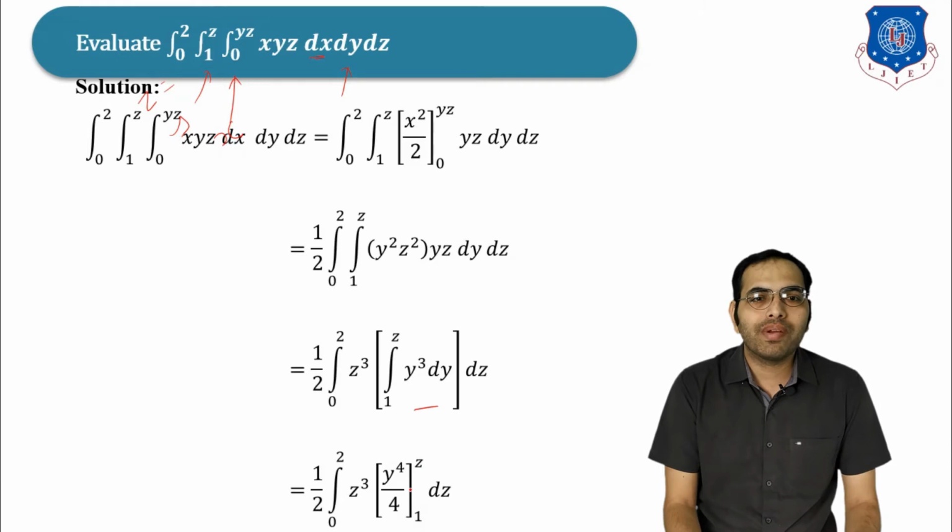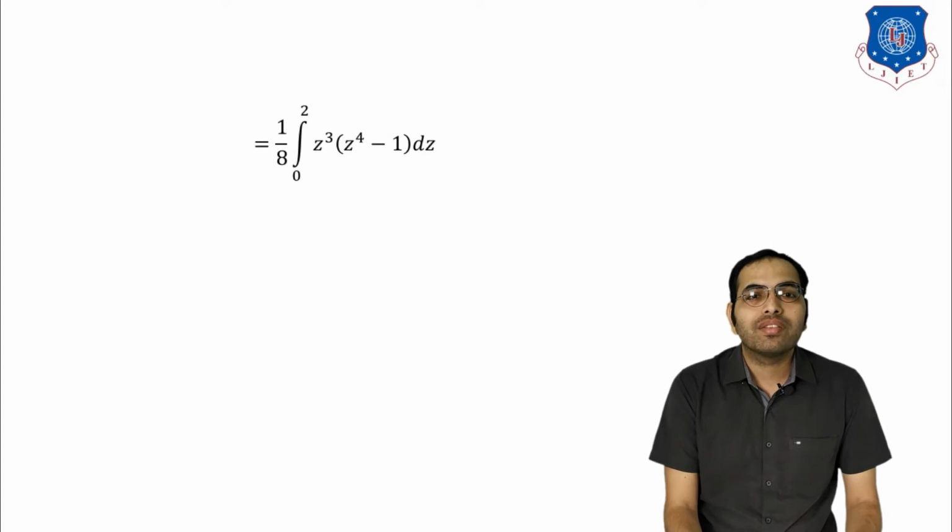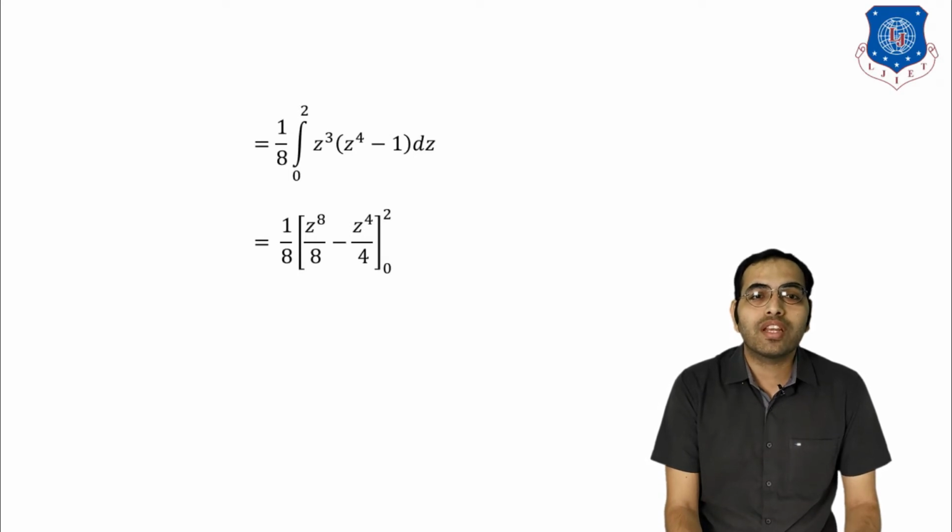Then applying the upper limit minus lower limit, 1 by 4 which is constant comes out, so 1 by 8 integral 0 to 2 of z cubed times the upper limit minus lower limit, z raised to 4 minus 1, into dz. Now z cubed comes inside the brackets, which will give you z raised to 7 minus z cubed. Now integrating, z raised to 7 gives z raised to 8 by 8, minus the integral of z cubed, which is z raised to 4 by 4, then upper limit minus lower limit where z varies from 0 to 2.